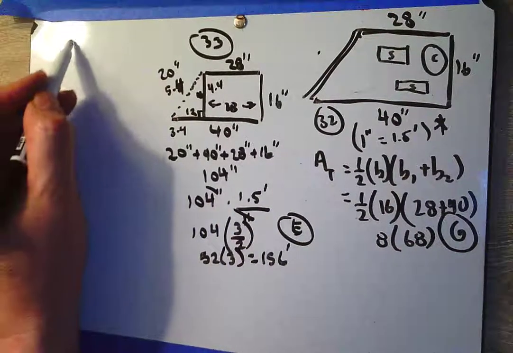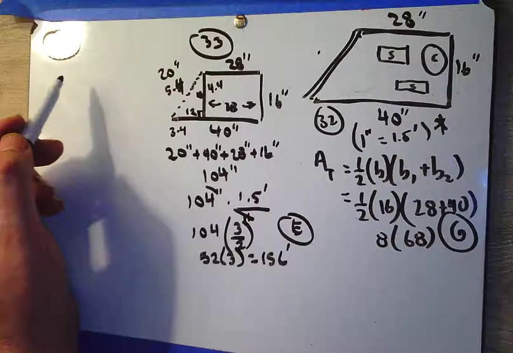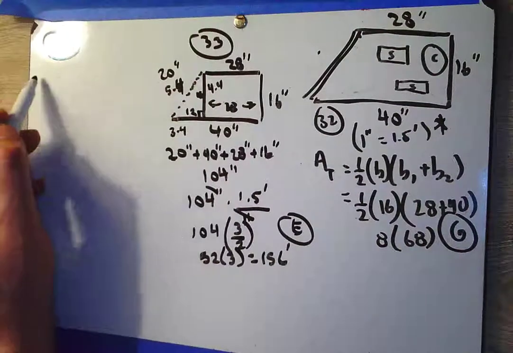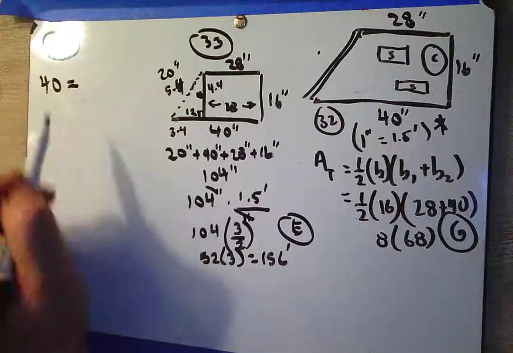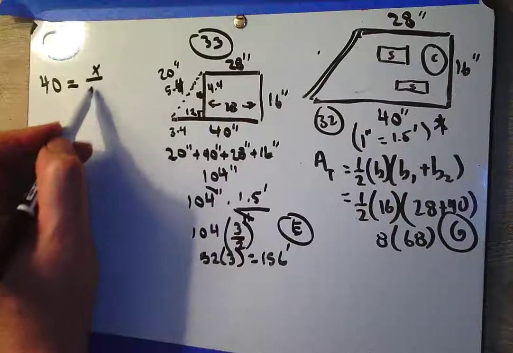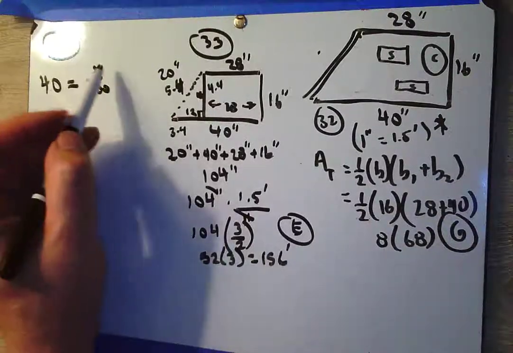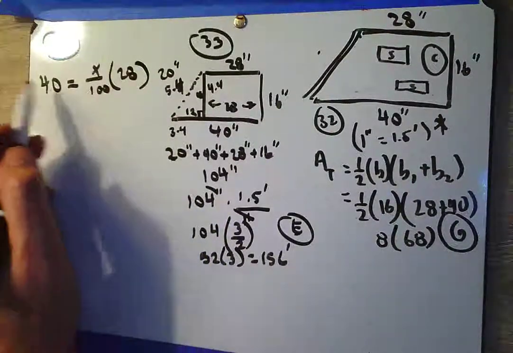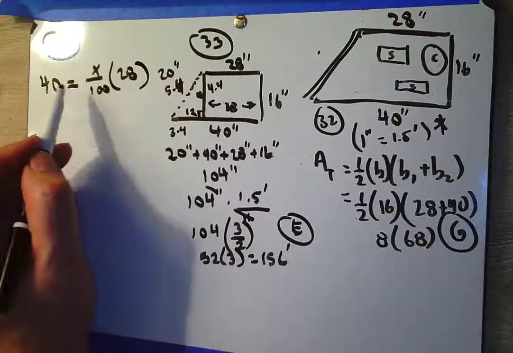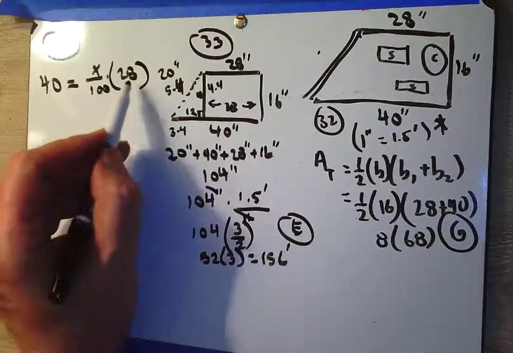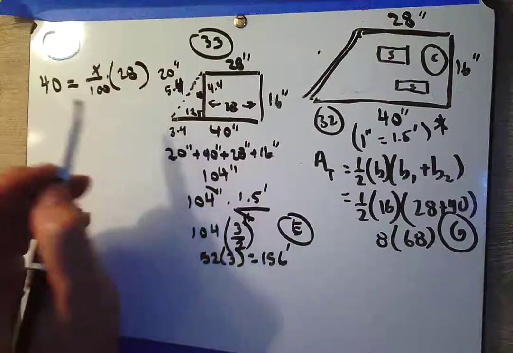Okay, and 34. The length of the south side of the park is what percent of the length of the north side of the park? The length of the south side is what percent, some number over 100, of the north side. That's how I translate those words. The south side is what percent of times the north side.